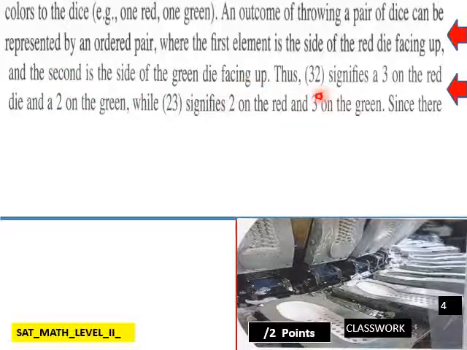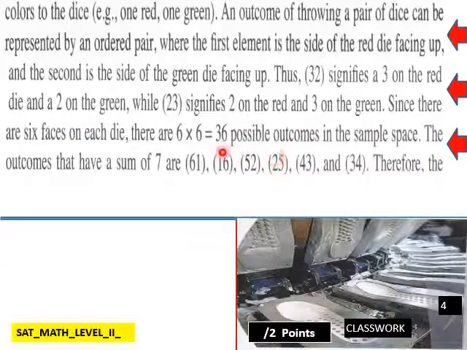Thus, 3-2 signifies a 3 on the red die and 2 on the green, while 2-3 signifies 2 on the red and 3 on the green. Since there are 6 faces on each die, there are 6 by 6 possible outcomes in the sample space.